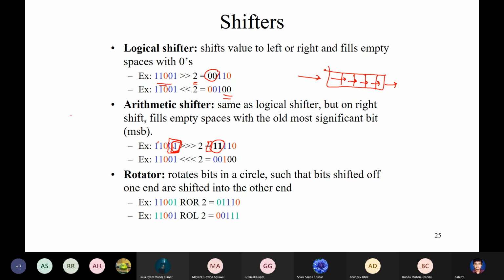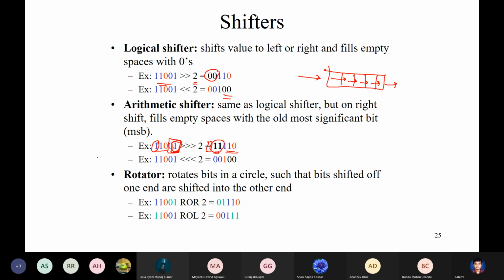Yeah, the original MSB is 1, and I fill that up. So this is shifted, right? 110 is shifted, and I fill this up with 11 because 1 is the MSB.